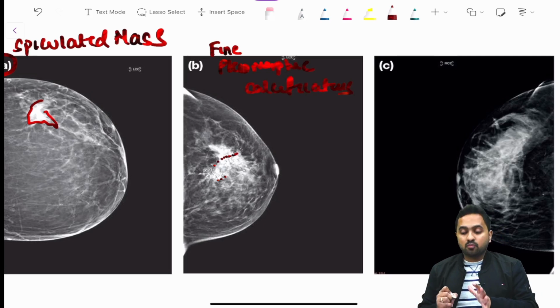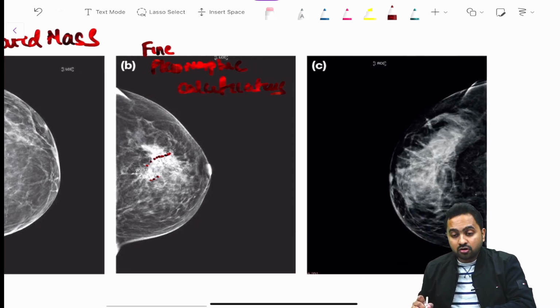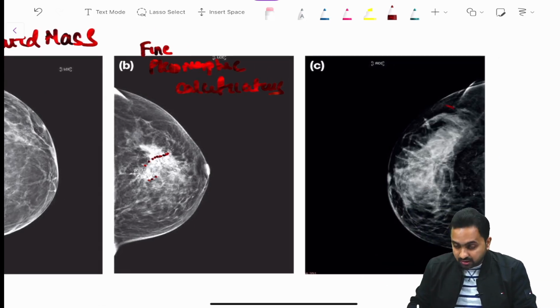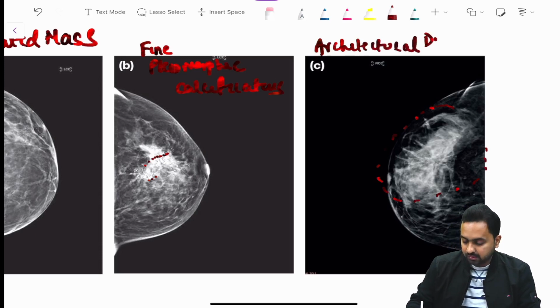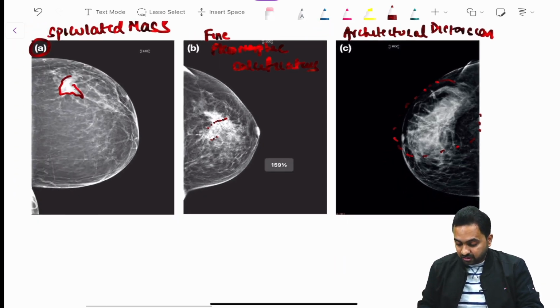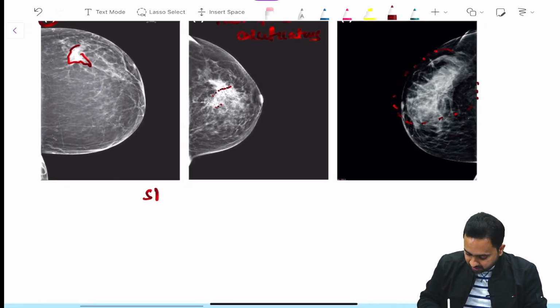And on your image C, you find over here that there is an architectural distortion. So these are your features which are suggestive of malignancy, right.